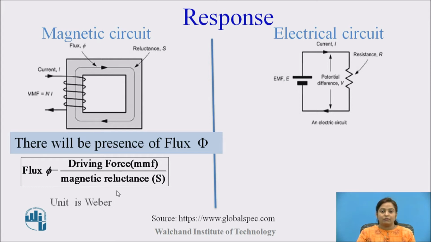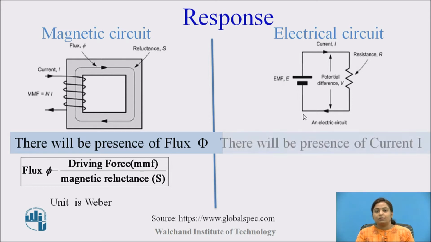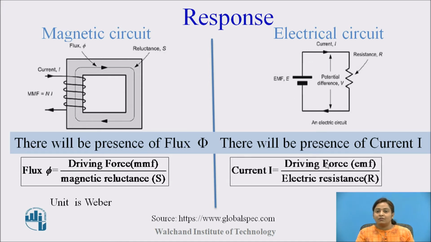Its unit is Weber. Now coming to the electric circuit, when the energy source is connected to these devices through the current carrying conductor, then the current I flows through this whole circuit, and this current is defined as the driving force divided by electric resistance. Its unit is ampere.